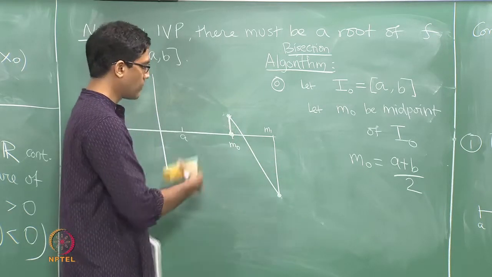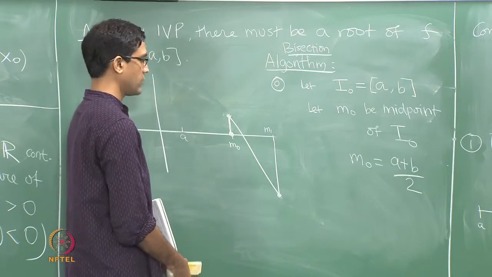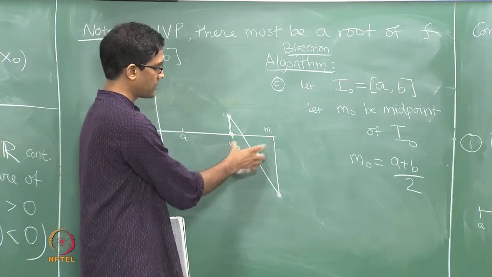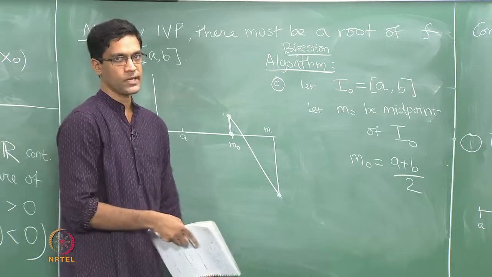Now when you keep doing this algorithm for a large number of steps, the interval that you are left with at each step is only half the size of the preceding interval.